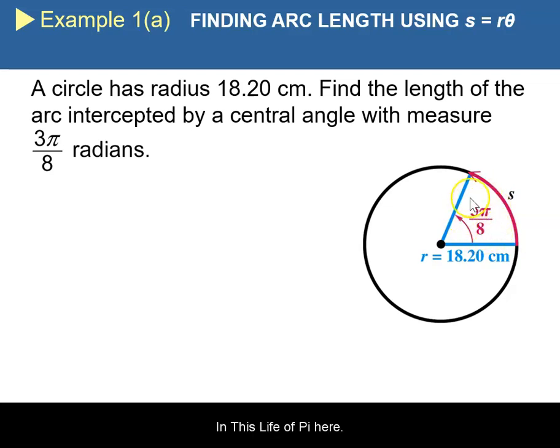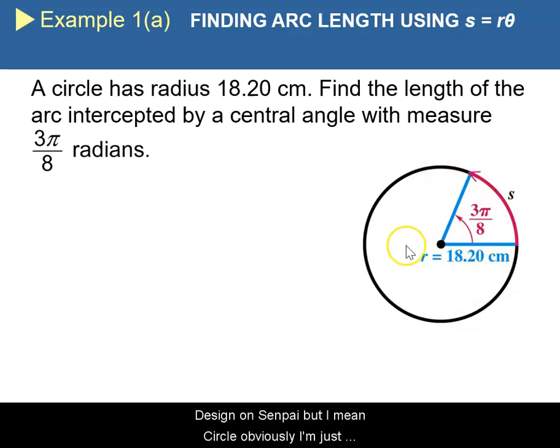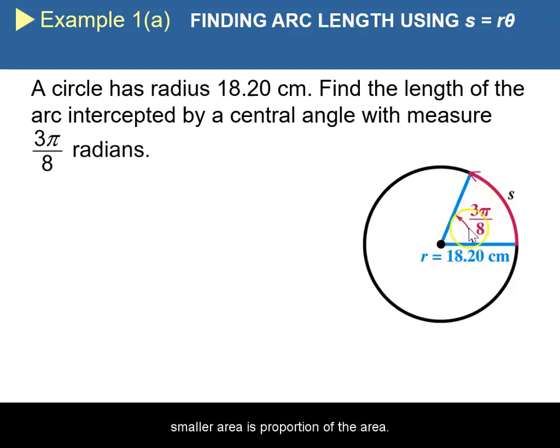This slice of pie is a portion of the entire pie. I know I'm saying pie, but I mean circle, obviously. I'm just hungry right now. So this small piece of the circle is a smaller area. It's a proportion of the whole area.